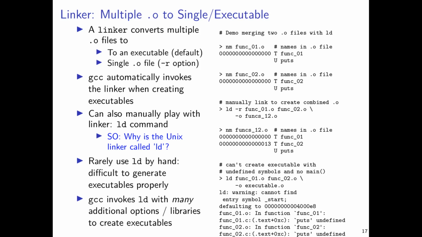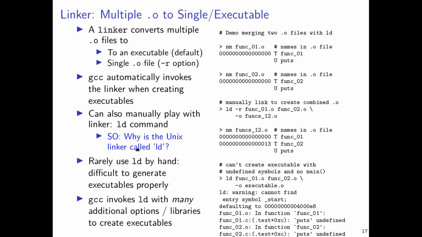That includes stuff like manually stitching together two .os to produce a new .o with the contents of both of them, which isn't itself yet an executable, but is instead waiting for a main in order to be created as well. Now, it's the case that GCC usually does this for you, as in there's very little reason in modern systems to issue commands directly to LD, which is the Linux linker.